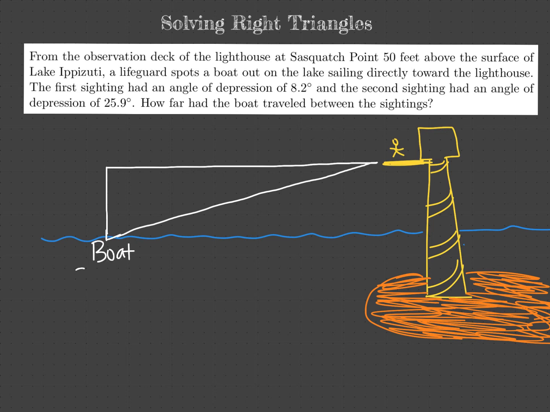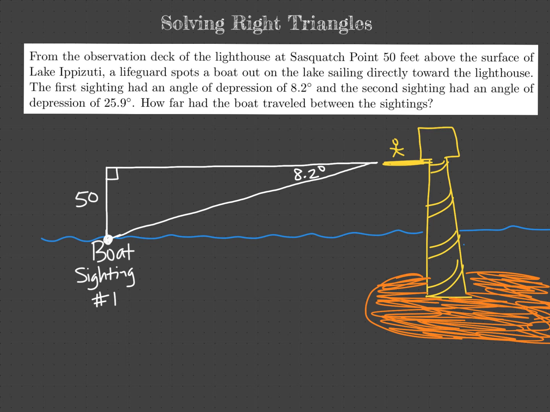This is boat sighting number 1. I'm not going to try to draw a boat, but here it is at this point. What do we know? We know that this angle right here is 8.2 degrees. We also know that we have 50 feet above the surface of the lake, which is right here. So this length right here is 50. And we, of course, have a right triangle.